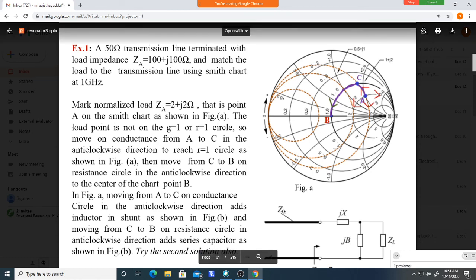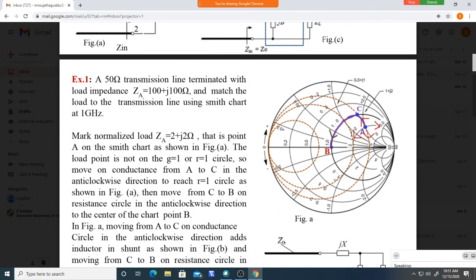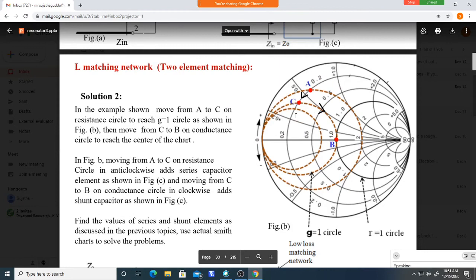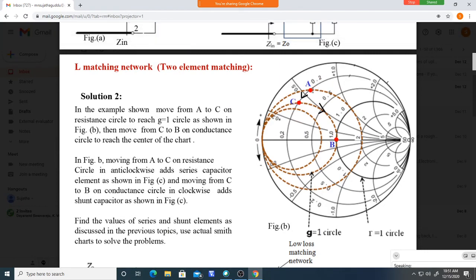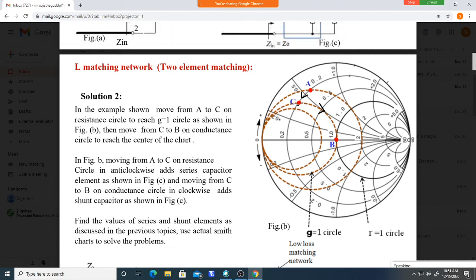But in the previous problem, we can observe a difference from this problem. In that problem, moving on the conductance circle we reached the R is equal to 1 circle here, and moving on the resistance circle we reached the G is equal to 1 circle here. The impedance point is here.